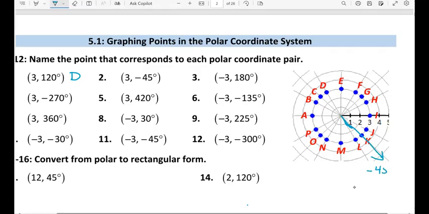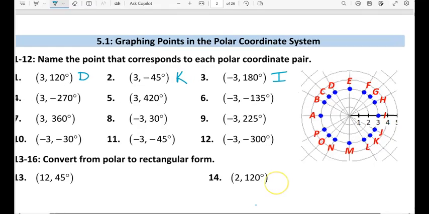So there's negative 45 degrees, and then 3 units out from the origin brings us to point K. For number 3, we're going to find the 180 degree ray, and on that ray we're going to travel in the opposite direction because the radius is negative 3. So I'm going to back up and go in the opposite direction 3 units, and so that's point I.